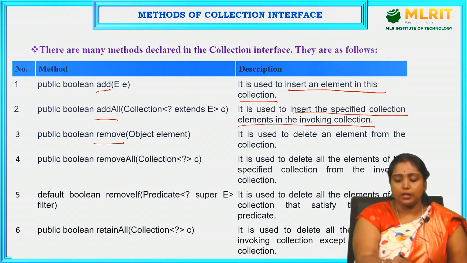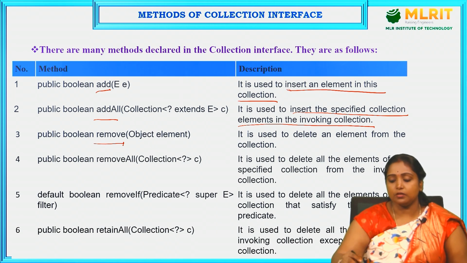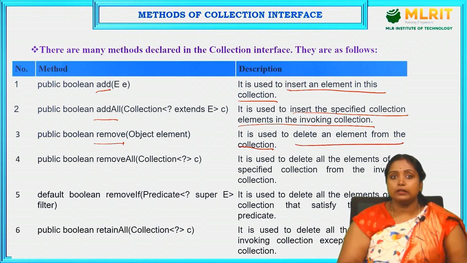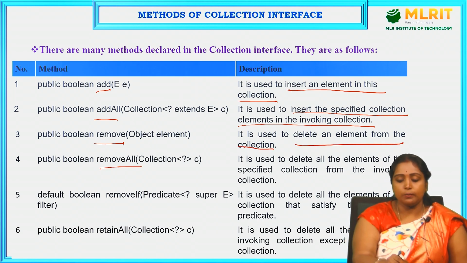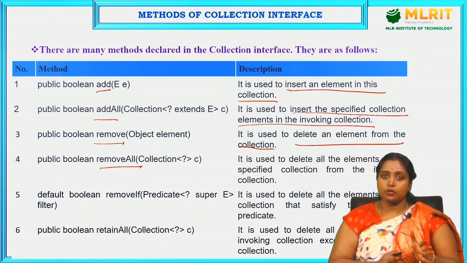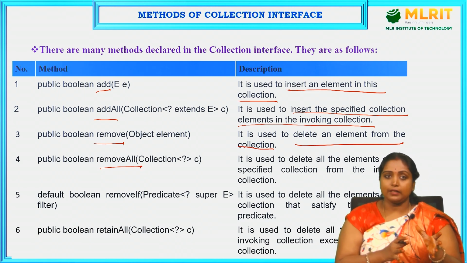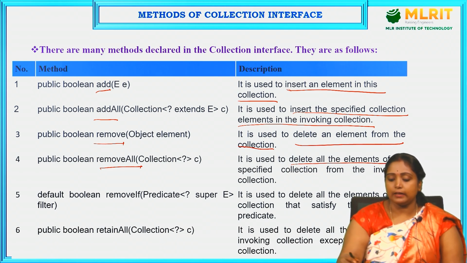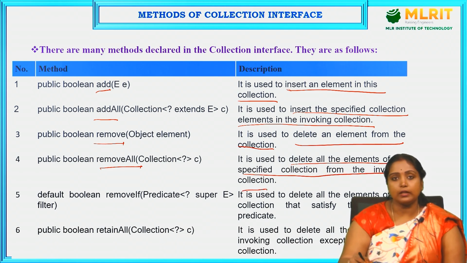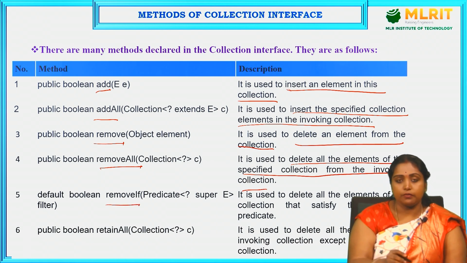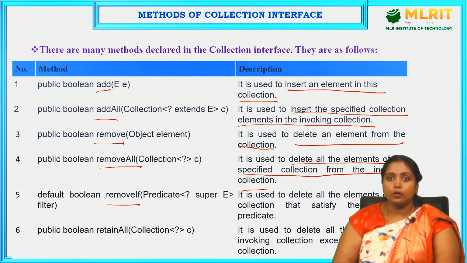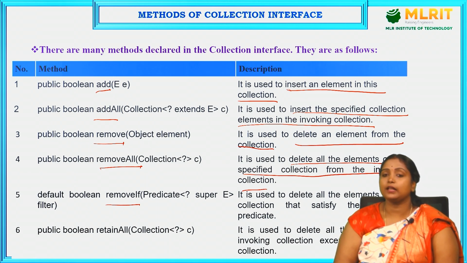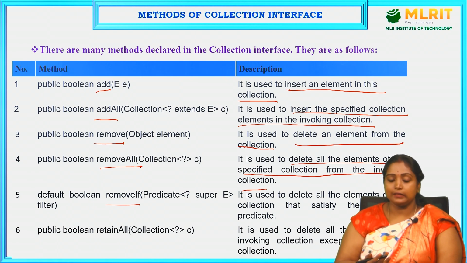And remove. If you want to delete an element from the collection, you can use the remove method. The removeAll method is used if I want to delete all the elements of a specified collection from the invoking collection. And then removeIf, if I just have some filter. For example, if I want to remove all the collection elements which are less than 19, you can use this.